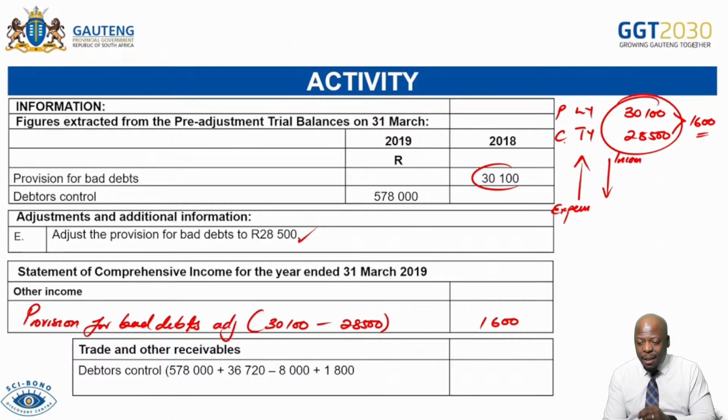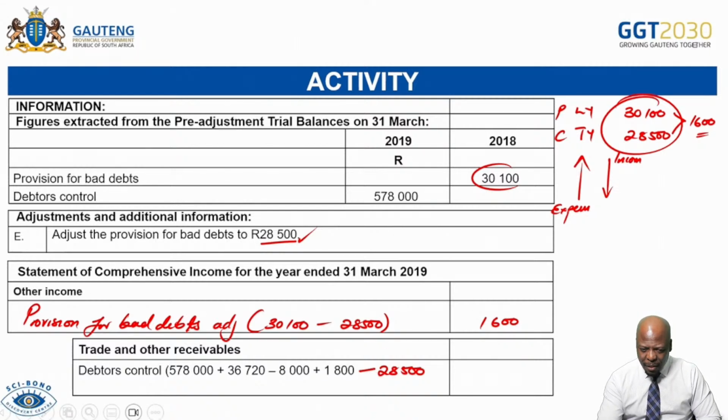If it gives you a negative, then it is an expense. Then you take it to operating expenses. But then the provision for bad debts for this year, the entire amount, I'll take it, then I'll subtract it from here, which is 28,500, like that. The entire amount, I'll take it into my trade and other receivables. Let's move on then.